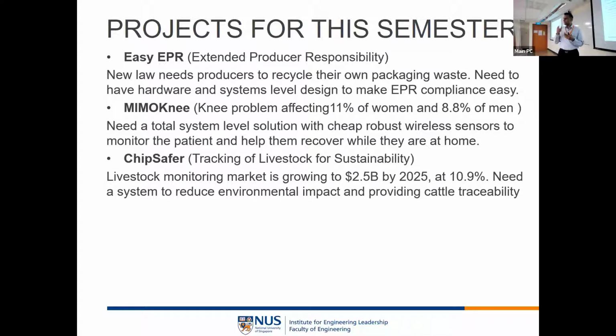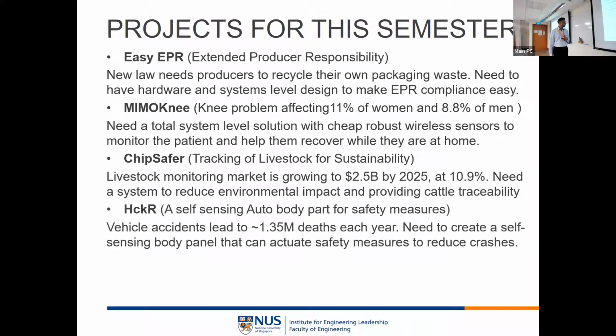This tracking is not just for safety and security of the animals, but also for traceability. If you're having a steak at your table at dinner, where does this come from? Where has this particular cow been around, and what has it been feeding on? So traceability is a big aspect, as well as sustainability. That's a very interesting project from a lady called Victoria, who is the CEO of this company in Uruguay.